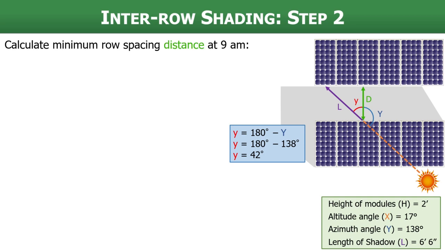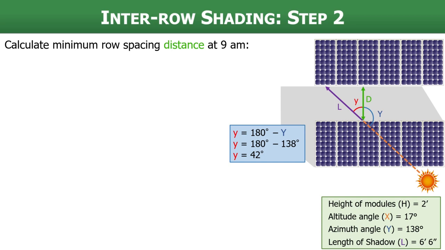And now in step 2, we need to calculate the minimum distance between rows. And we're gonna use that shadow length from 9 a.m. to determine our row spacing of D in green.